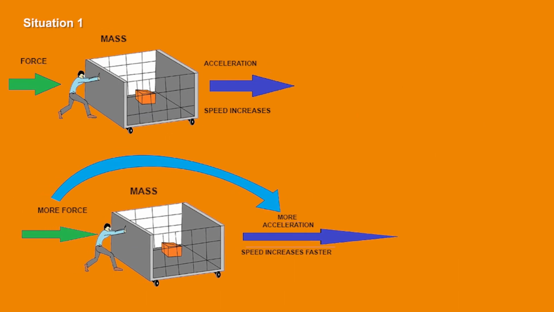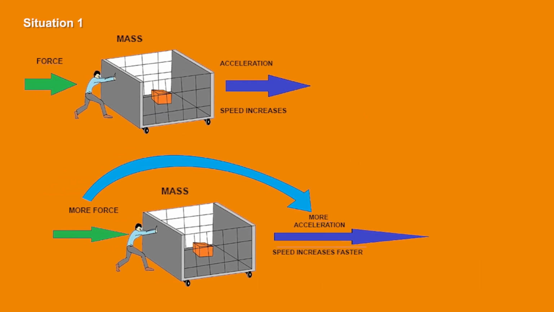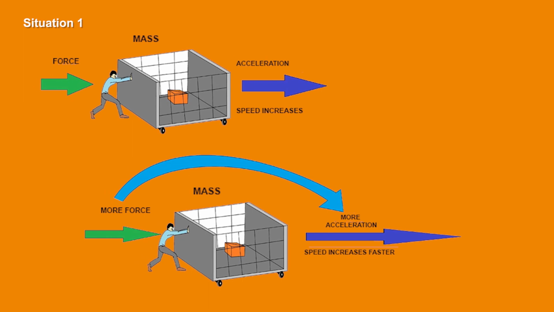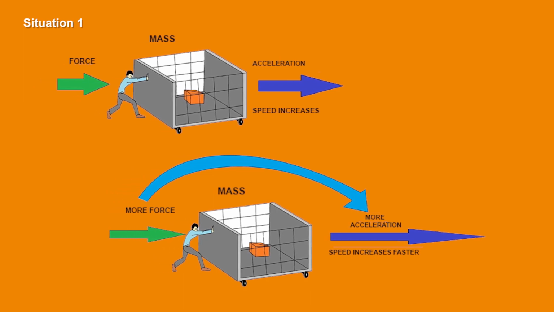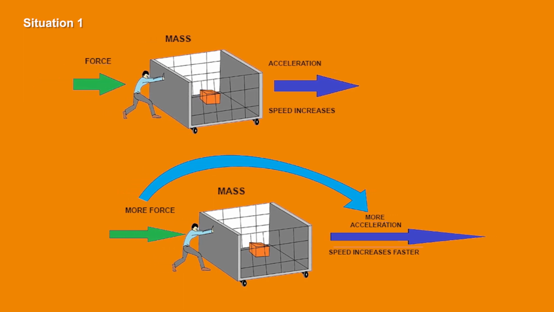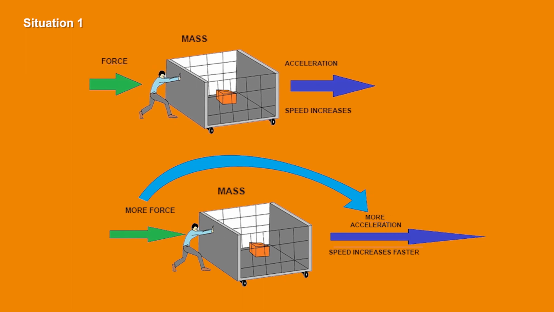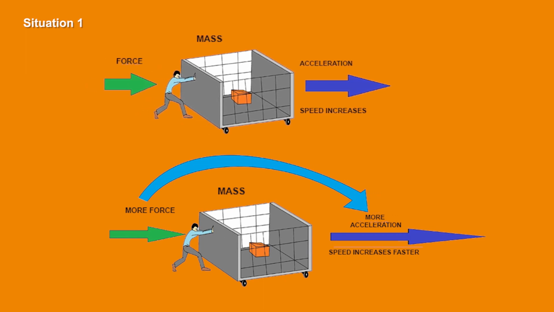Consider this scenario. The man is pushing the cart with a load of a box. Observe the change in acceleration of the cart. Pause the video for you to analyze the picture carefully.